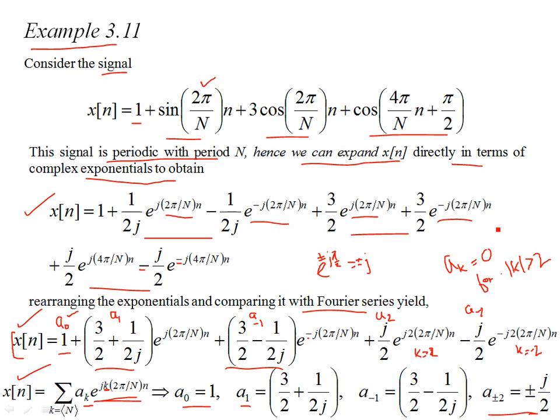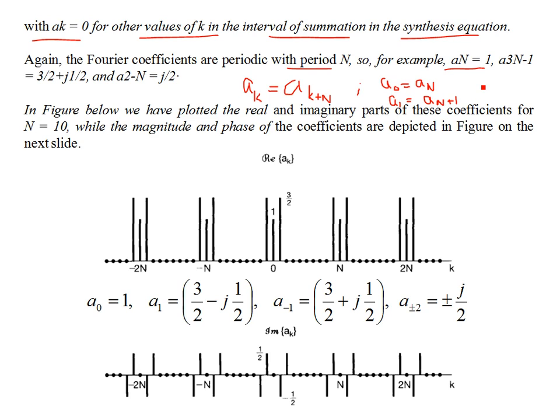Again, the range for the harmonic indices, since the summation is limited to 0 to N minus 1, is that k varies from 0 to N minus 1. There are capital N terms, so we are considering N harmonics.